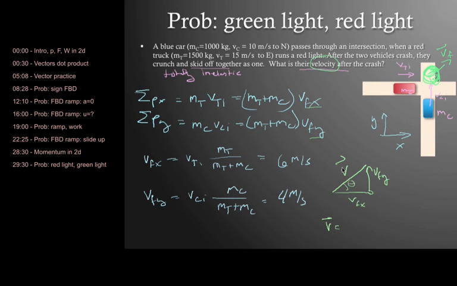So solve for the magnitude of V, and I'm just going to do Pythagorean theorem, square root of 4 squared plus 6 squared, and I'm going to get 7.2 meters per second. But then velocity is a vector, so I also have to have a direction. So this is at 39 degrees north of east is how I could kind of say what this angle is right here.